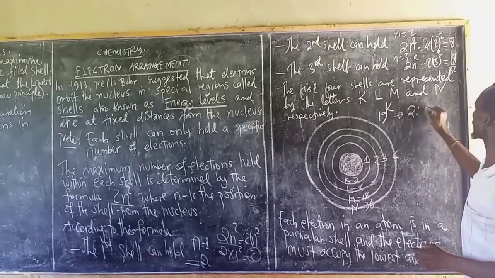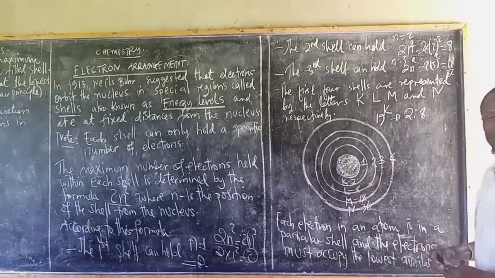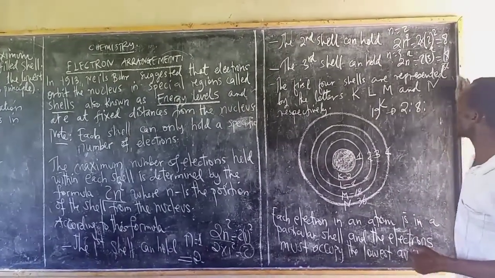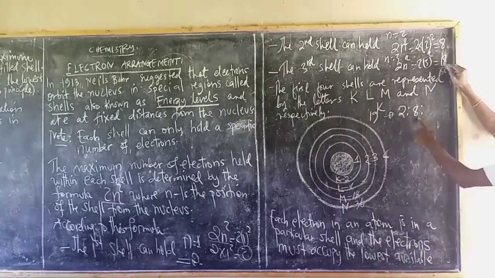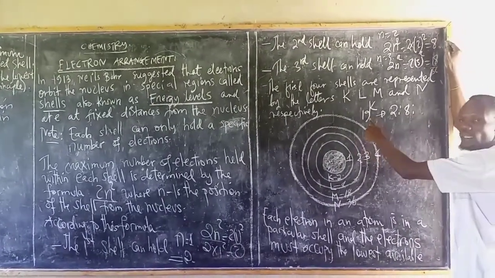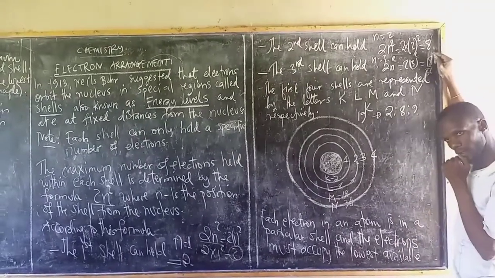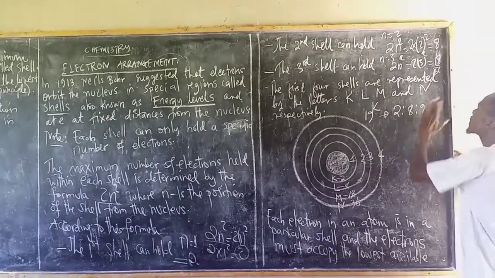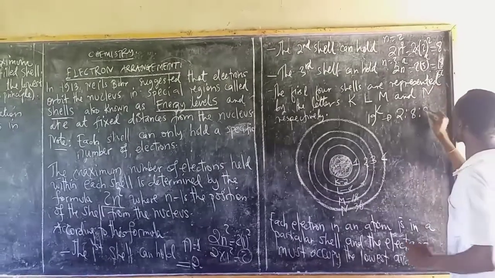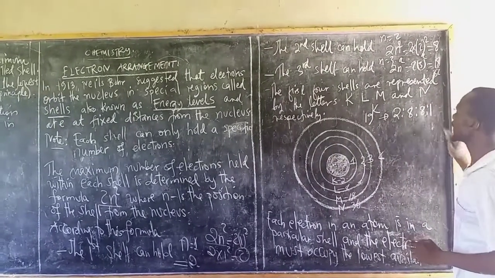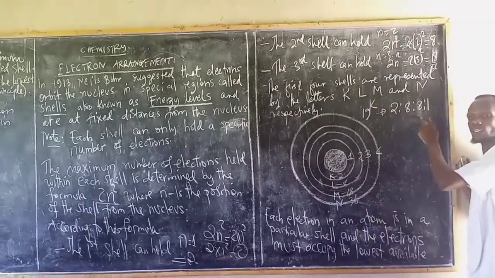The second one is 8. And what next? We have 10. Then if it is 10, we are left with 9. We were supposed to write here 9 instead of 8, but this will not be stable. So we write 8. Then we are left with 1.